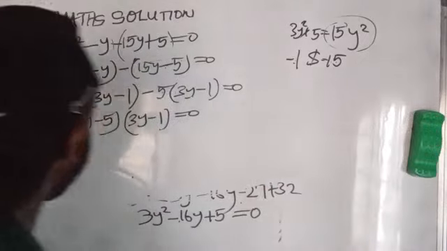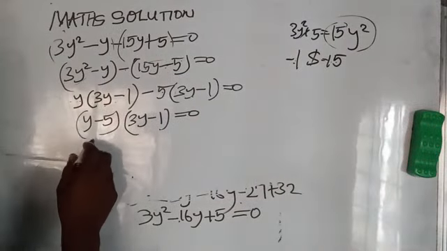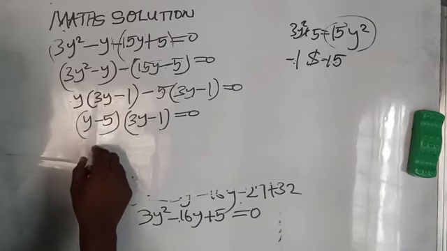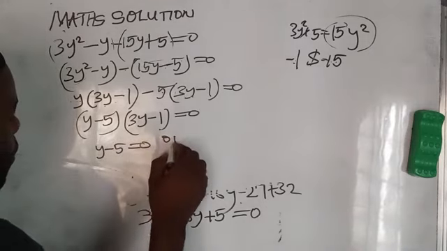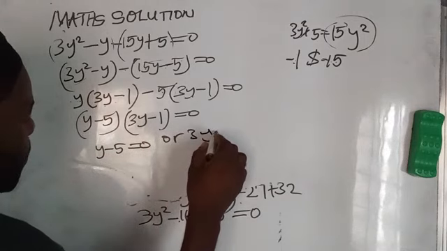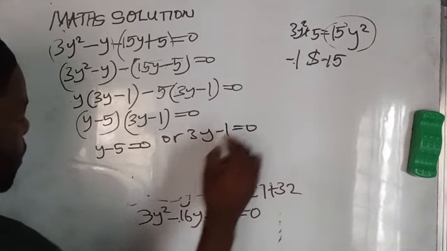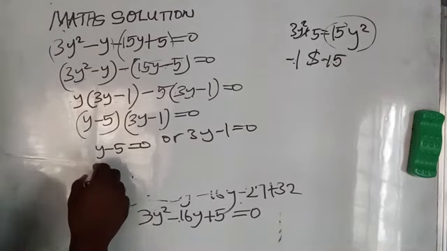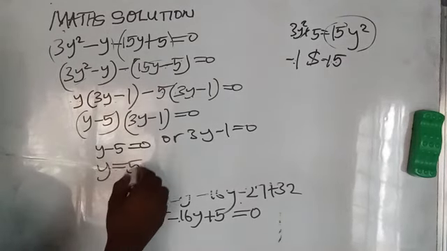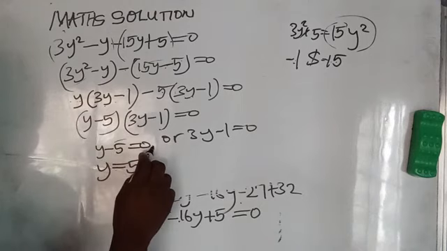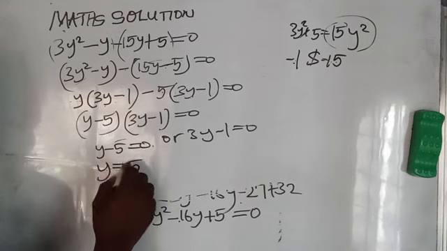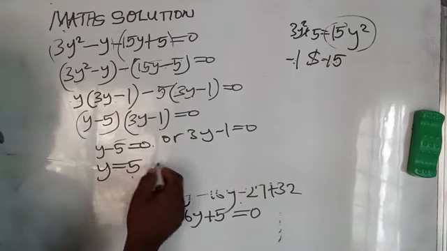Good. Now here you have y minus 5 equal to 0, or 3y minus 1 equal to 0. Okay? So y equal to 5, because when this crosses the equality sign to this place, making y the subject of the formula, y is equal to plus 5, right?